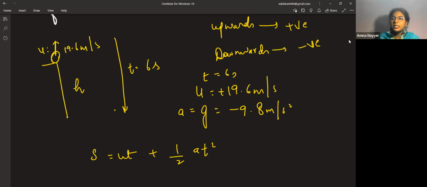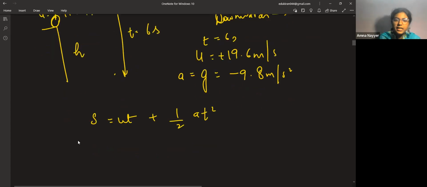So displacement will be, see, this is the displacement. The body is coming downwards. Displacement is down. Whenever we are solving questions regarding motion under gravity, I have told you, everything remains the same. S is equal to ut plus half at square. What is the difference that came?